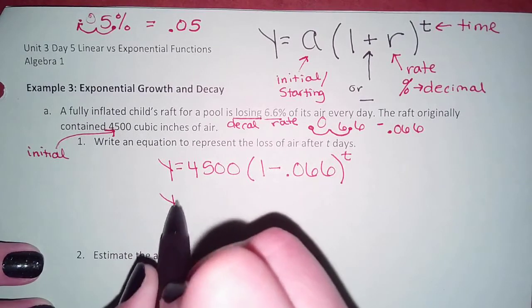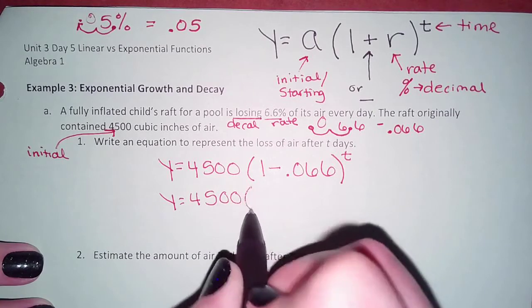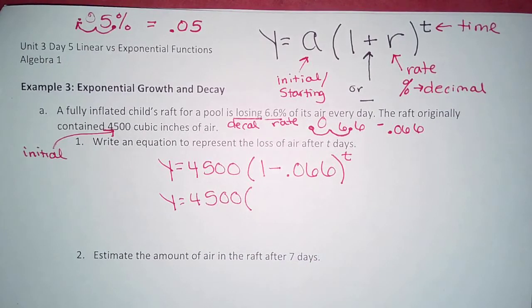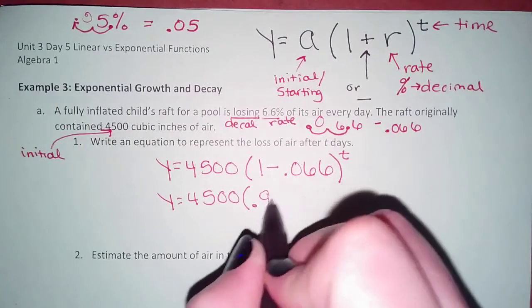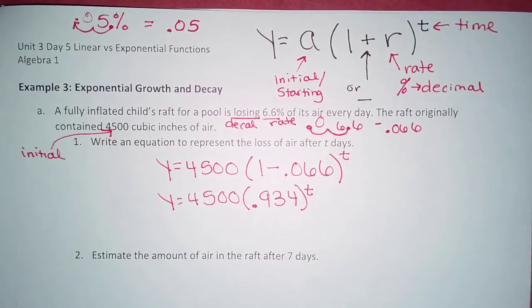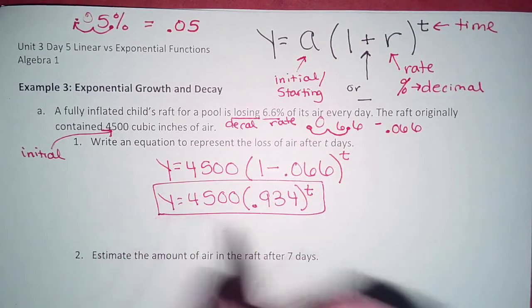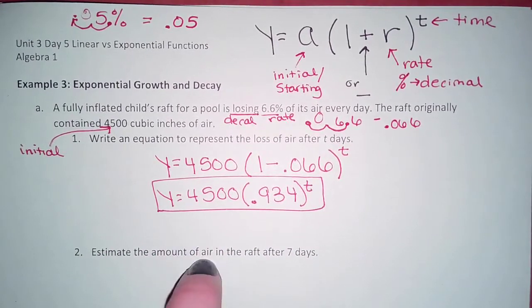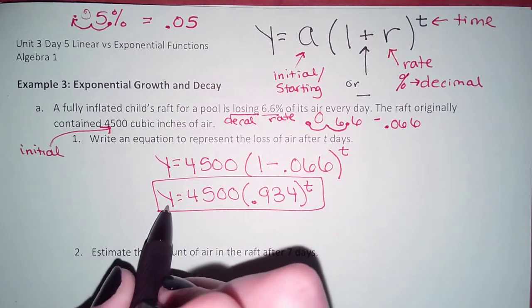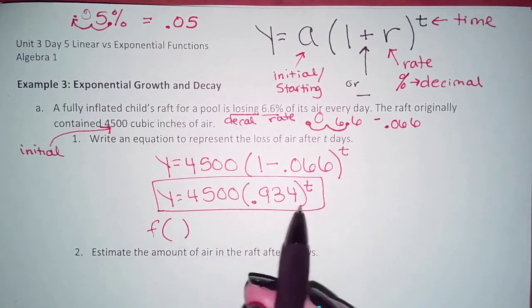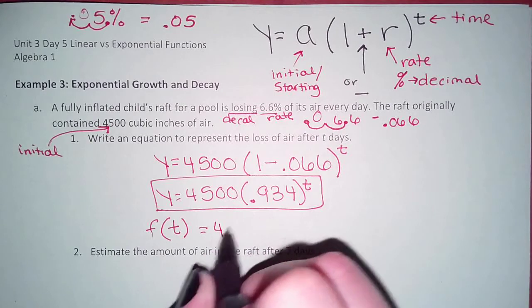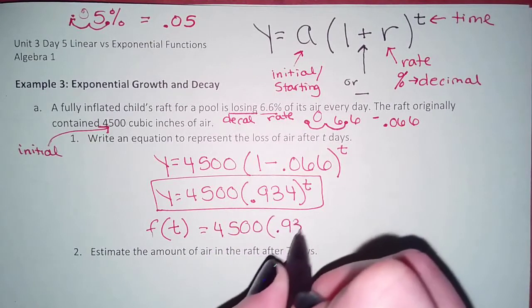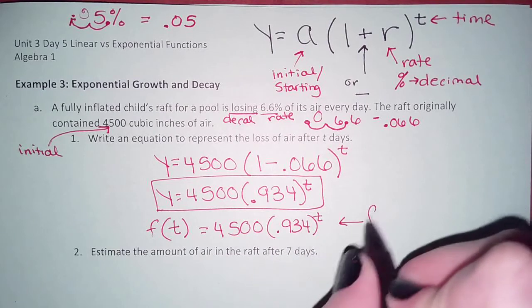So Y equals 4,500, 1 minus 0.066 will be 0.934 to the power of T. So this is our equation. If they asked us to put this in function notation, I would change the y into f of whatever variable I used over here, because over here I used t, and put the t right there. So this is the function notation version.